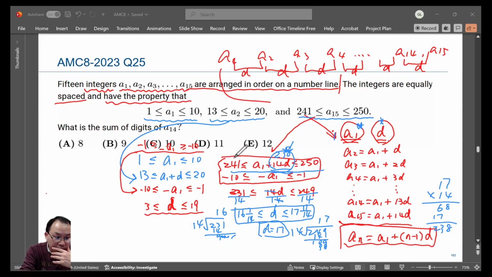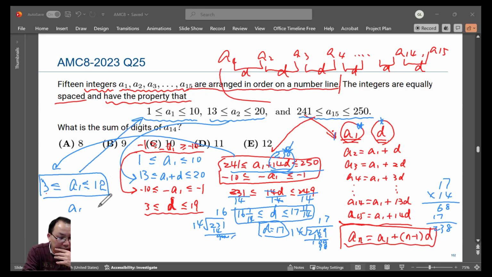So let me just move on here. The middle part, A1 less than 10, here 12 greater than or equal to 3. So you can see here, we got more limitation compared to here, right? So A1 looks like in between less than 10, greater than or equal to 3.